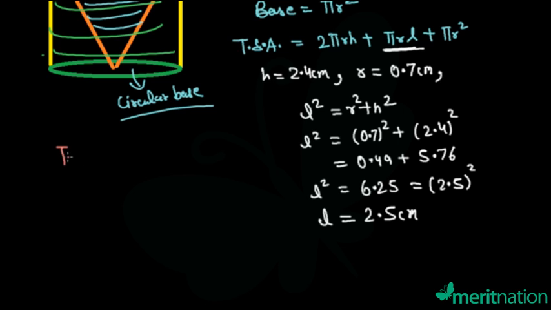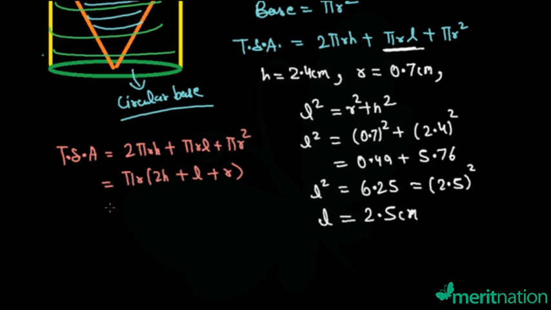The total surface area of this figure would be equal to 2 pi r h plus pi r l plus pi r square. Let's take pi r common from this. If you take pi r common, 2 times h plus l plus r.